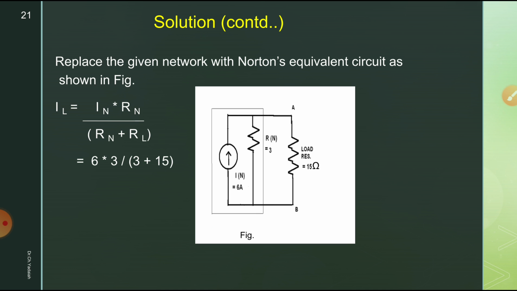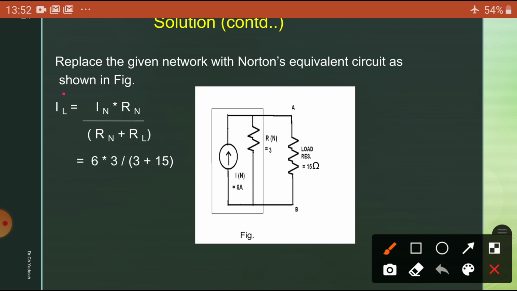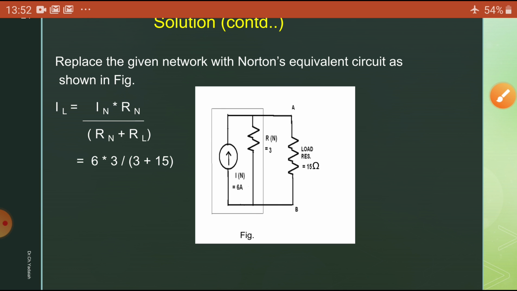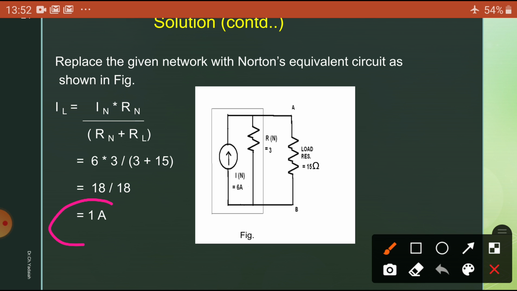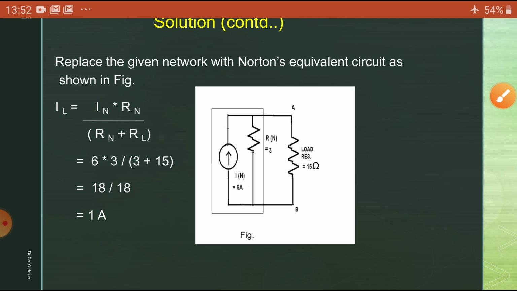So I_L is the load current. I_L is equal to I_N, the short circuit current, times R_N divided by R_N plus R_L. So we get this value, which is nearly 18 by 18, that is 1 ampere. Previously we calculated 1 ampere. So this is a simple circuit.